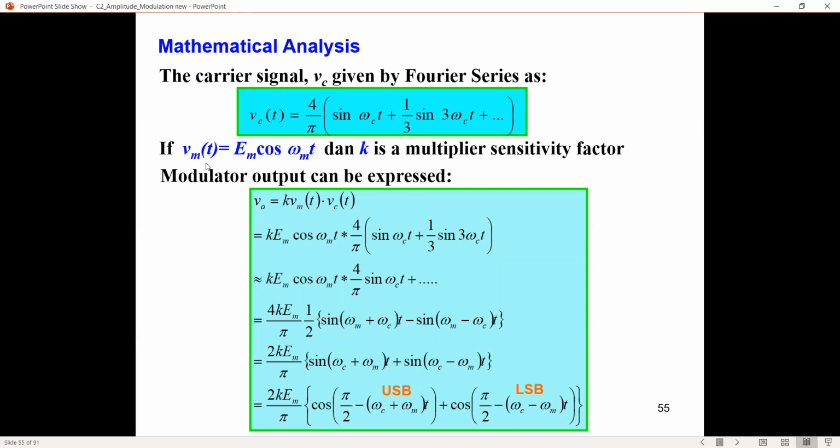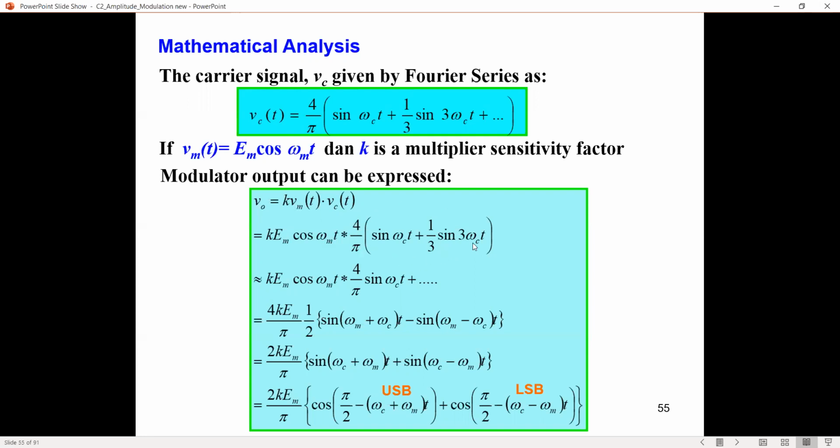So again, K is the multiplier sensitivity factor. Okay, so the output is K times VMT and VCT. Here we just leave K as it is, and then VMT, then our VCT.